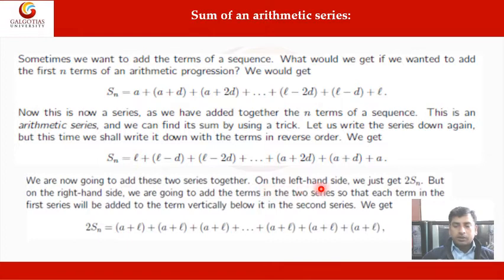On the left hand side we just get 2 into Sn, but on the right side we are going to add the terms in the two series, so that each term in the first series will be added to the term vertically below. In the second series we get 2 into Sn equal to a plus l, a plus l, a plus l, a plus l, n times.